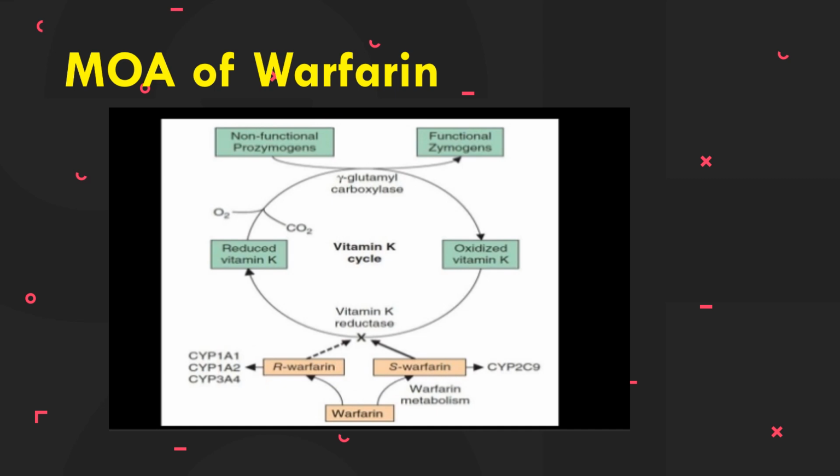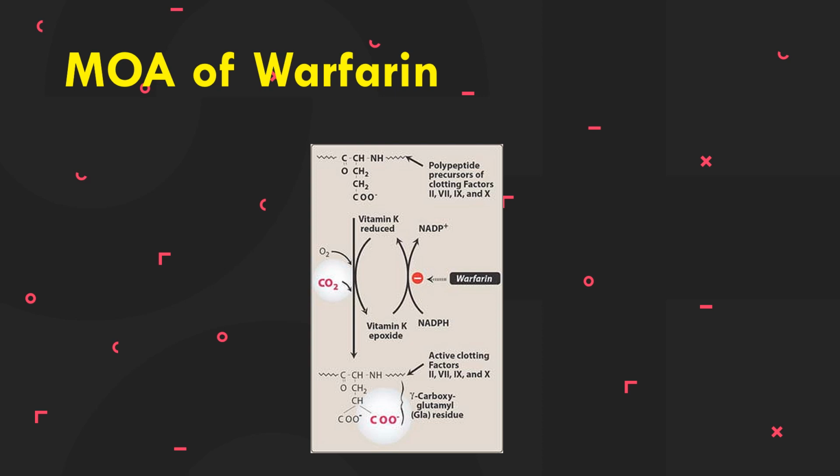ठीक है, सो लेट्स सी इन द नेक्स्ट स्लाइड a clear view of the mechanism of action of warfarin. So in this picture you can appreciate this is vitamin K reduced form and it is converting it into vitamin K epoxide, and with the help of NADPH it gets converted into NADP, and this is necessary for the polypeptide precursors of clotting factors 2, 7, 9, 10.